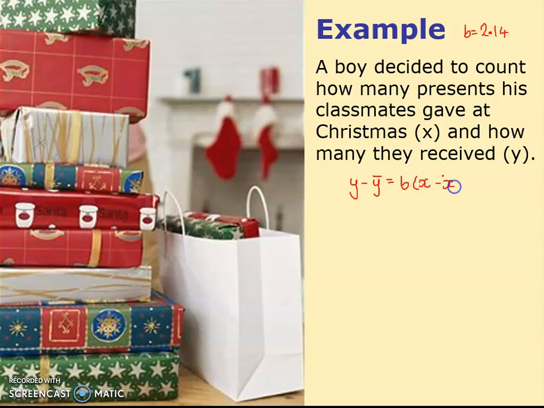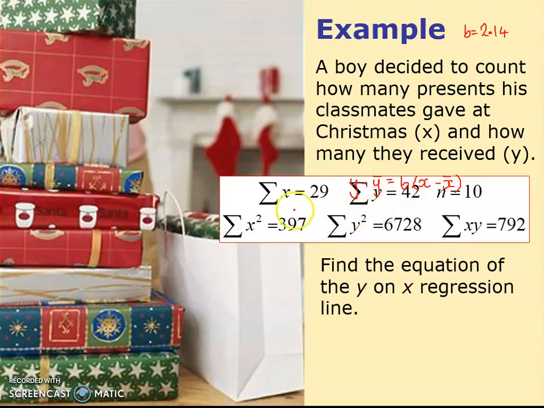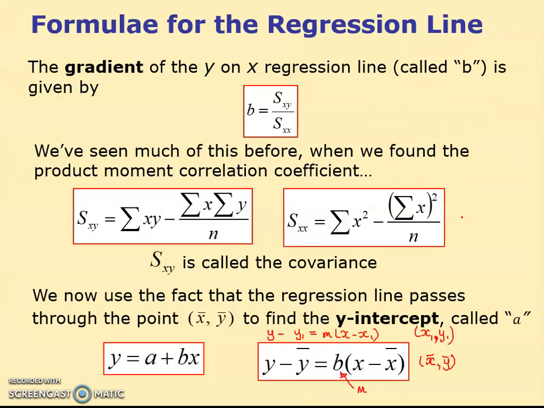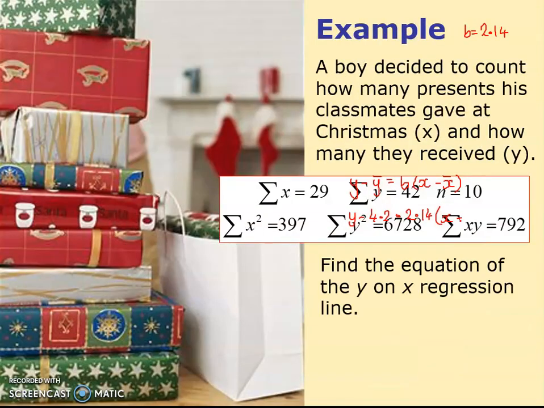And I did know my values of y bar and x bar. They're just 42 over 10 and 29 over 10. So I can write this as y minus 4.2, that's my 42 over 10, equals 2.14 times (x minus, let me remind myself, what was it? Oh, 2.9).